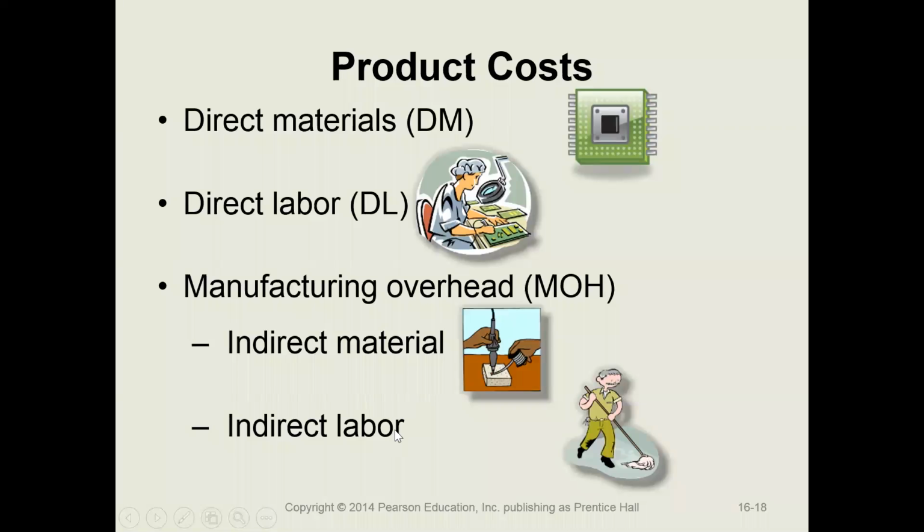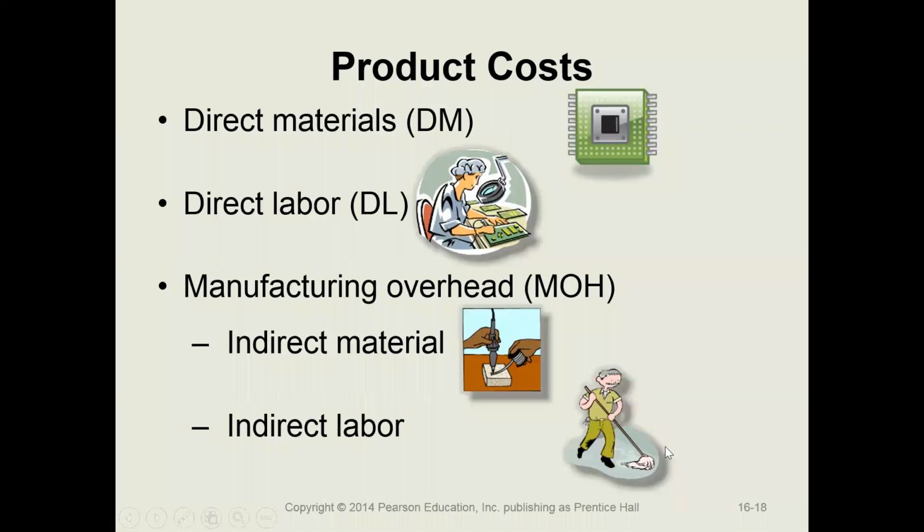Okay. Indirect labor is the workers who don't directly work with the product, but have something to do with the process of making the product. So the janitor in the plant who cleans the plant, that's a process that's involved indirectly with the making of the product, because you need to have clean machines and a clean plant to make your product.